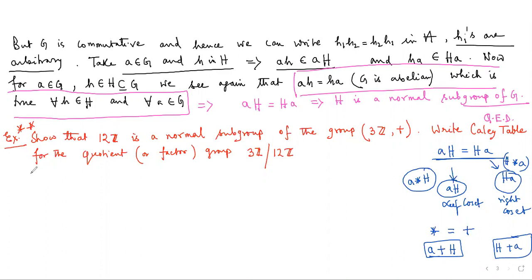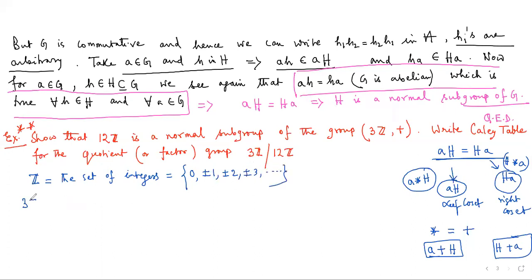Now, what about this question? Carefully observe. What is Z? We know that Z is the set of integers. We can express Z in the following manner: 0, plus minus 1, plus minus 2, plus minus 3, and so on.